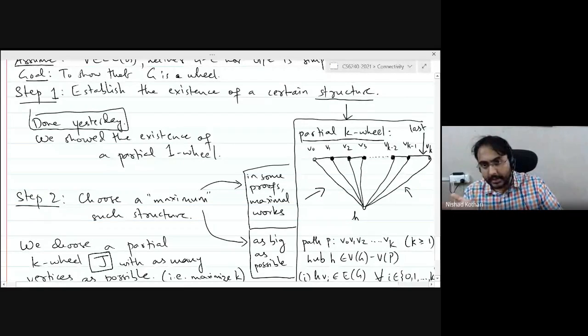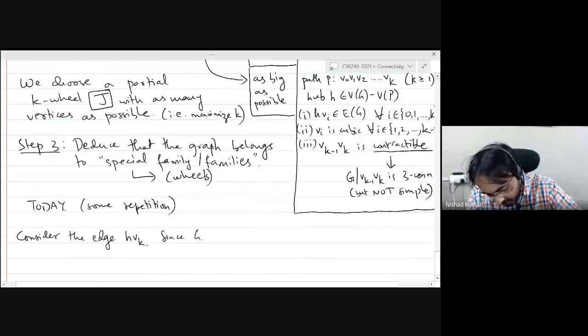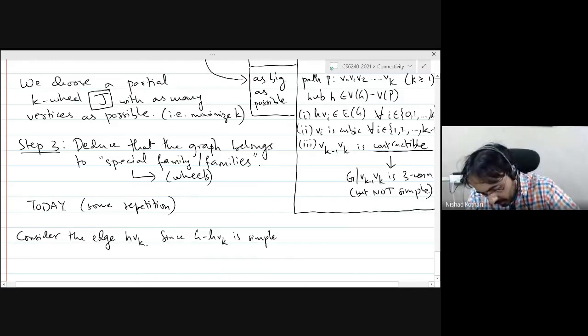If you delete any edge, your graph is simple because the whole graph is simple. That means that when you delete this edge, the graph should not be 3 connected. Since G minus HVK is simple, it cannot be 3 connected.